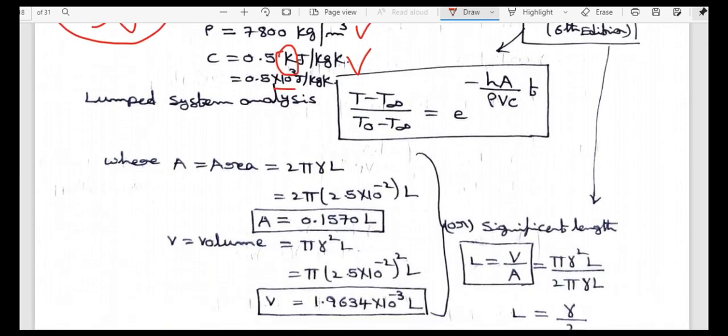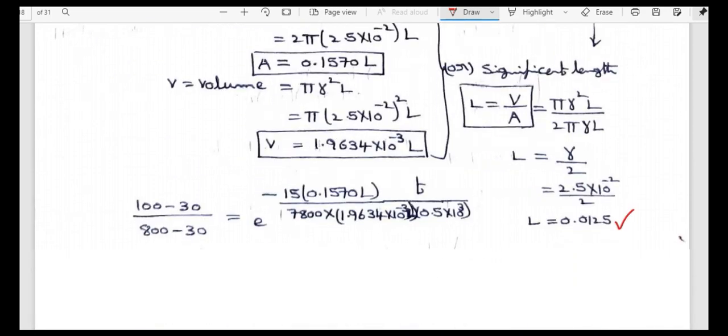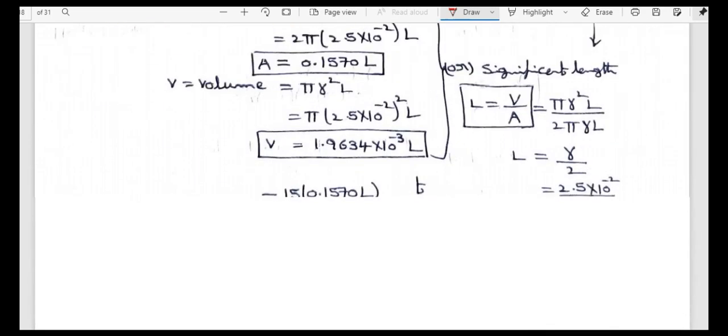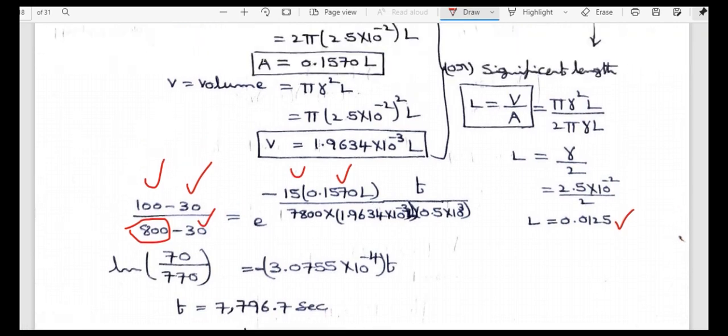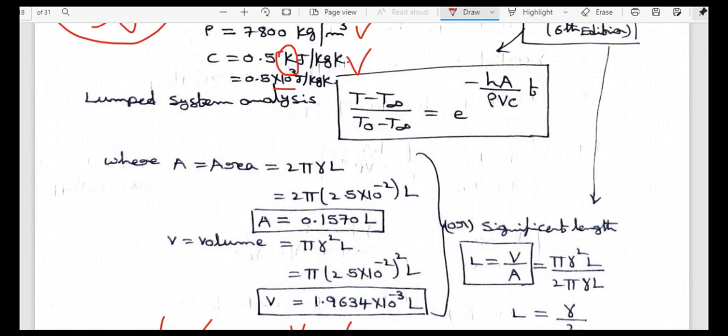Now I can substitute these values in this formula. So T equal to 100, T infinity equal to 30, T naught equal to 800, T infinity equal to 30. So the h value, and this is the Lc value, and density, volume into Cp.